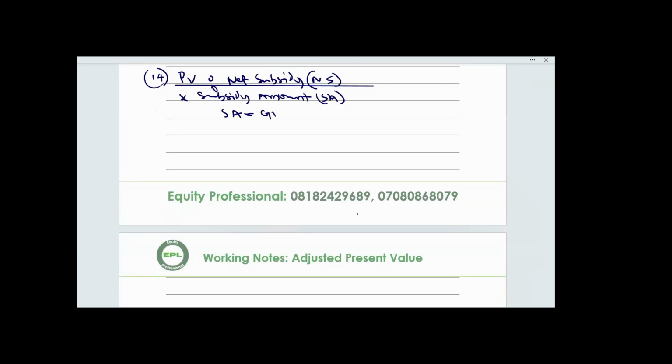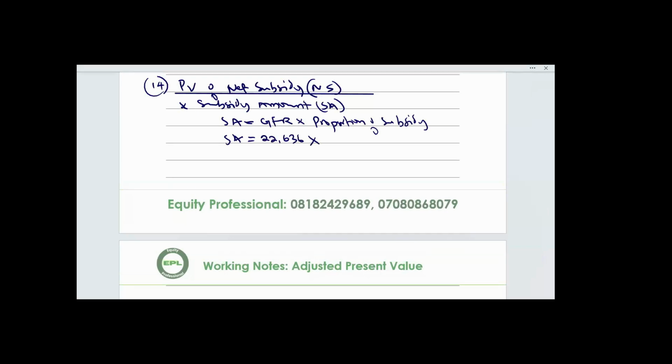Subsidy amount is the gross finance required multiplied by the proportion of subsidized loan. According to the question, we have calculated gross finance required to be 22,636.